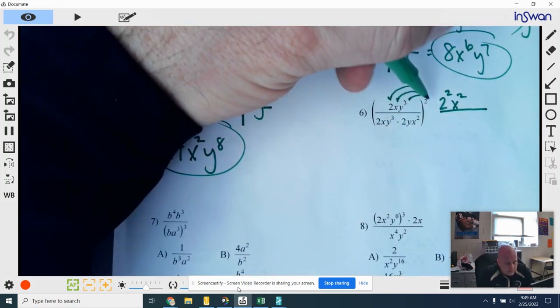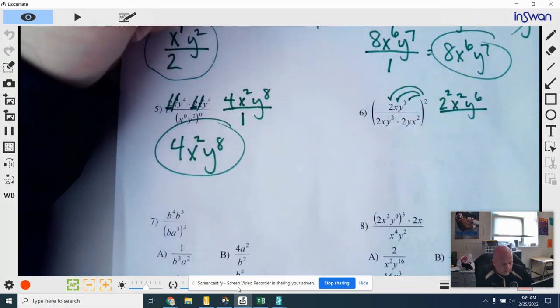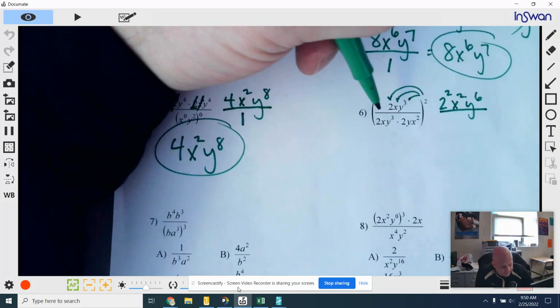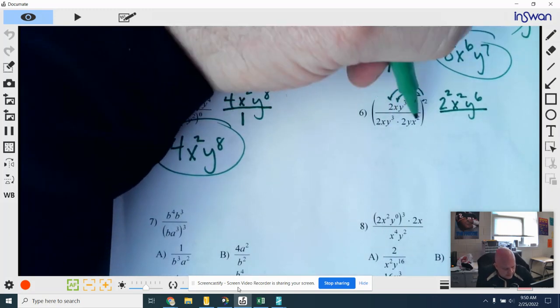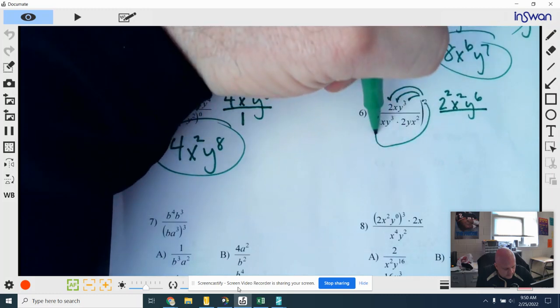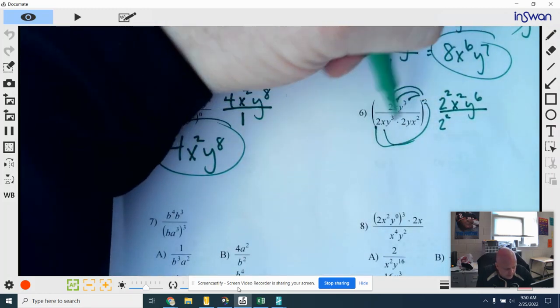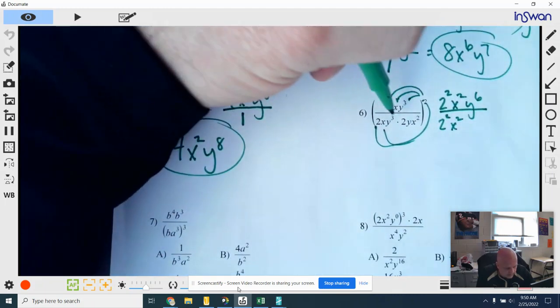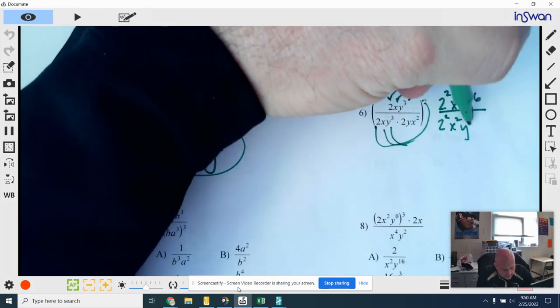Y cubed times 2 is y to the 6th. Okay, on the bottom, this 2 is going to go into every single piece here. So there's a 2 squared. And then we have x squared. And then we have a y to the 6th.